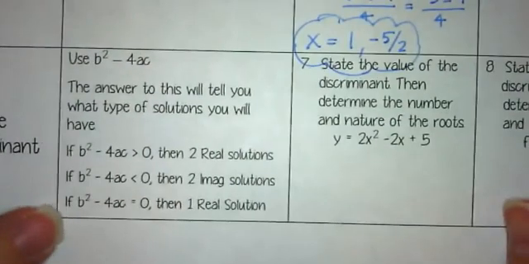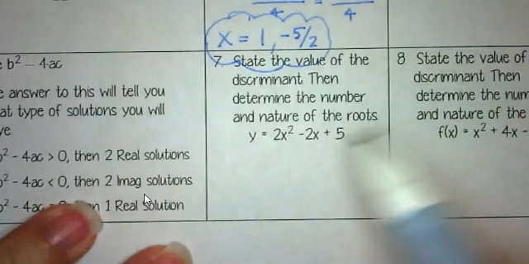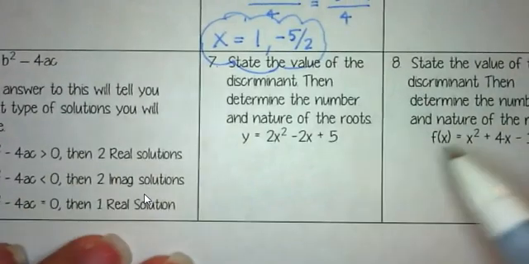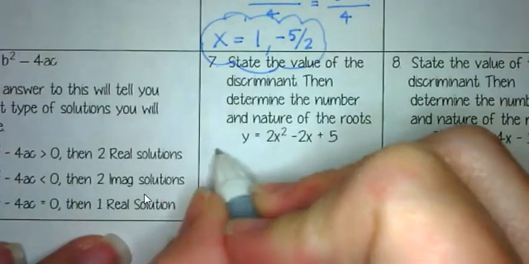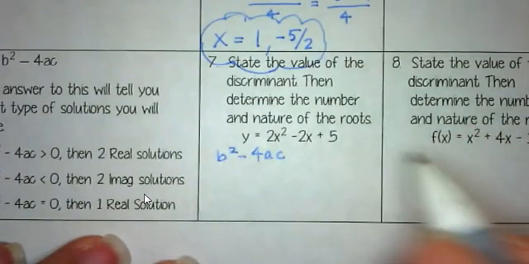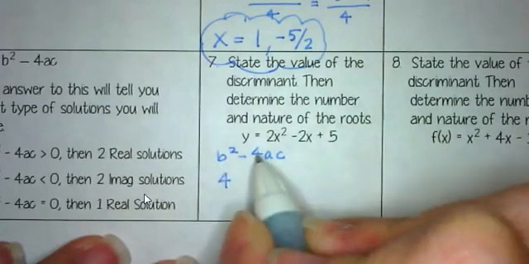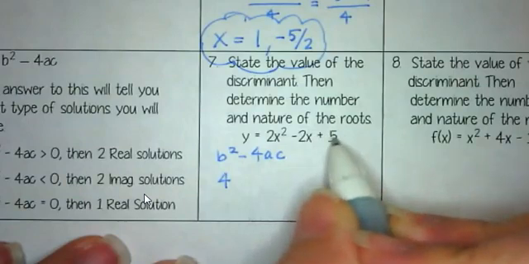All right, so this example asks us to find the value of the discriminant and then determine the number and nature of the roots. So that means how many, what kind. All right, so all we're doing is the B squared minus 4AC. So B squared is 4, and then minus 4 times 2 times 5.